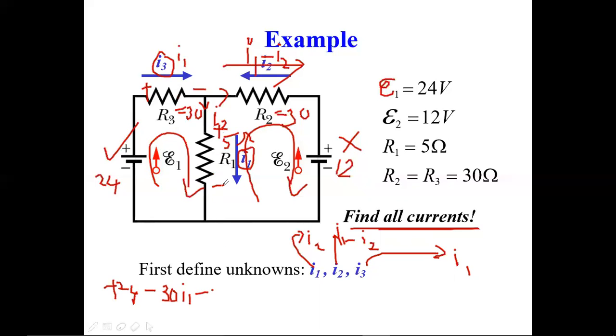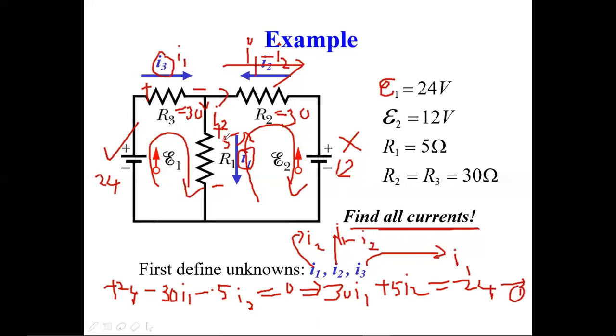My leaving sign is minus 5. Hence, the equation will be 30 I1 plus 5 I2 is equal to 24. So this is equation number 1.